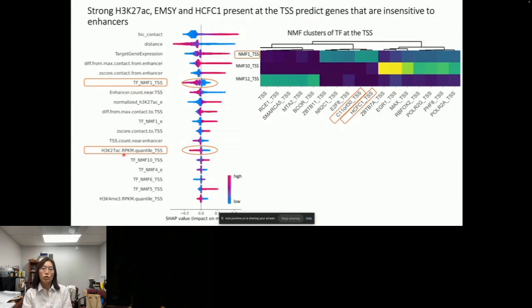So it looks like if your promoter has a very strong enhancer mark and a couple of activating transcription factor binding peaks, then it is a very strong promoter that can activate expression by itself, and it is less likely to be regulated by distal enhancers.